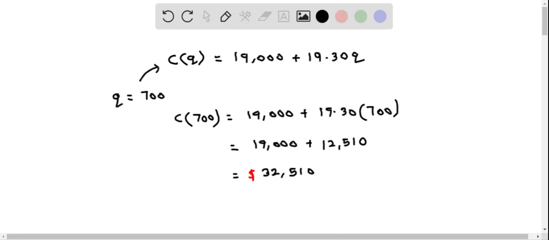So this is the total cost in producing 700 items.